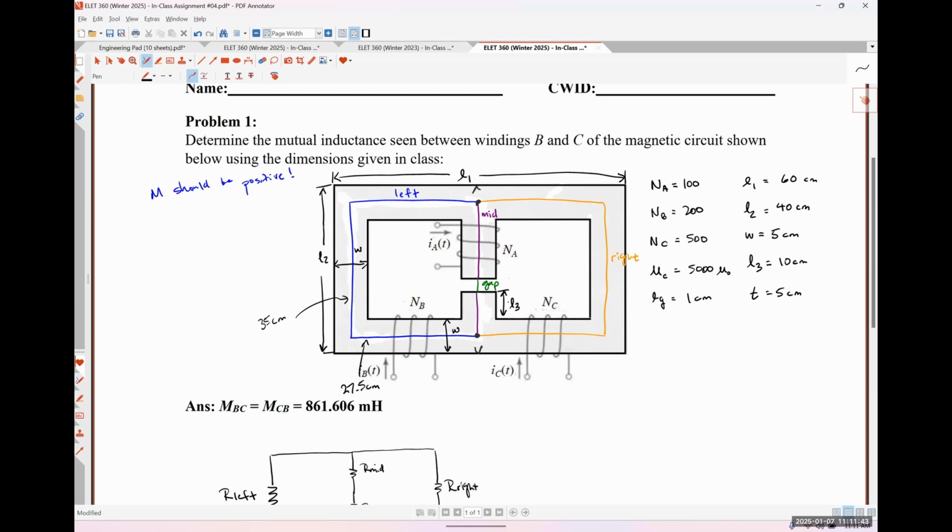What you're suggesting is essentially, what if we just cut this guy off here and let this whole thing be the gap? I would argue, why would the flux ever take that path?